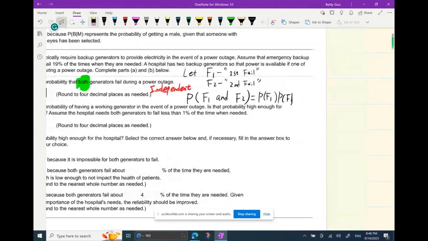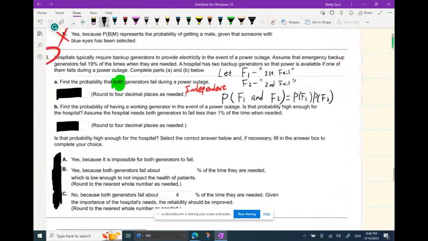Good news is if it's independent, we do not have to handle conditional probability. Simply just multiply the two probabilities together.